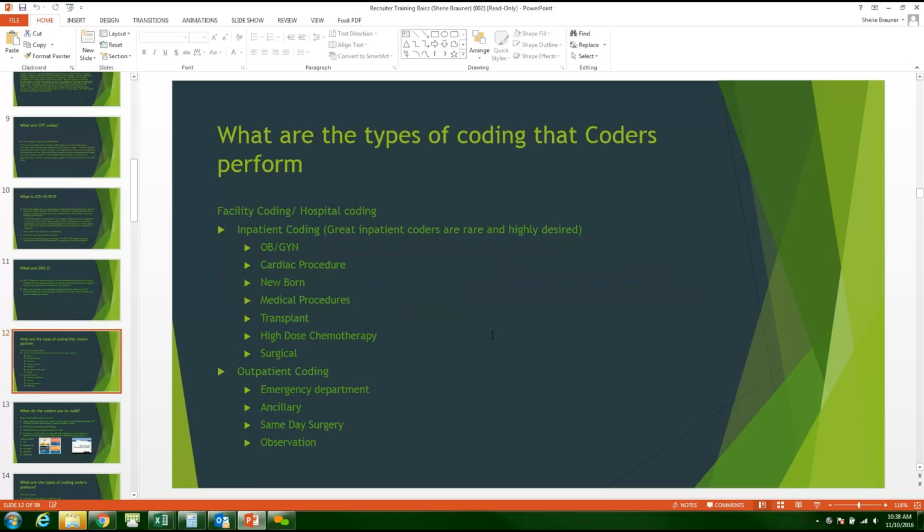What are the types of coding that coders perform? Facility coding, hospital coding, inpatient coding. Great inpatient coders are rare and highly desired.